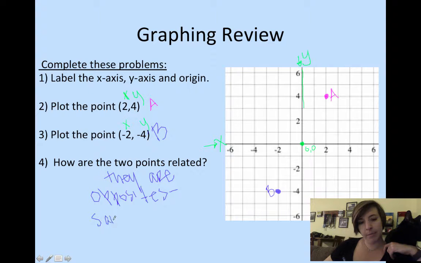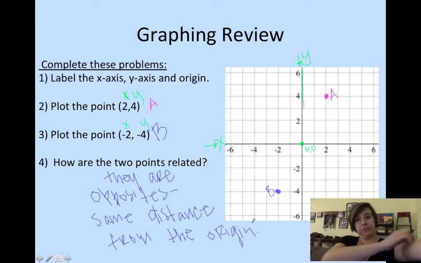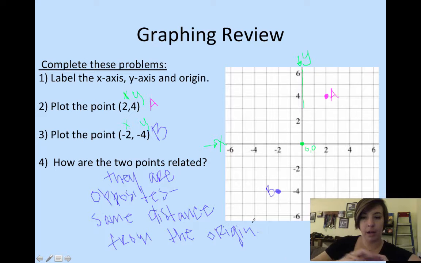Write this down please: the same distance from the origin. There you go. We've got our graphing.